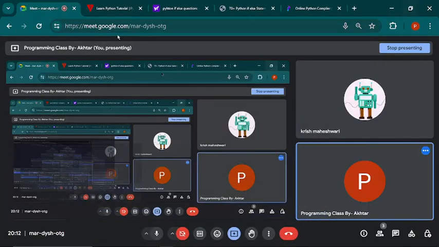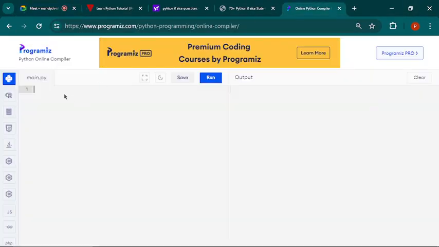Understood or not? If not, then let me show you the code, then you can understand. Okay, let us code. Yes, getting or not? See, first you have to take input a number.